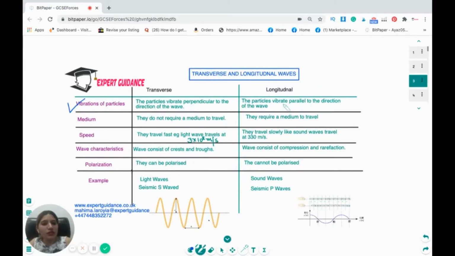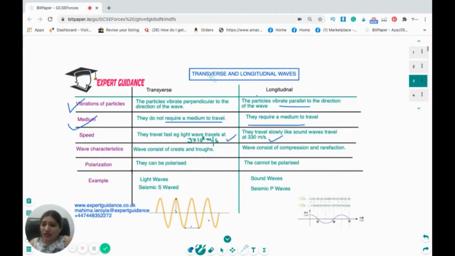And in longitudinal waves, the particles travel parallel to the direction of the wave. As per the medium, transverse waves do not require a medium to travel, but longitudinal waves require a medium to travel. The transverse wave travels with the speed of light, 3 times 10 to the power 8 meters per second, whereas longitudinal waves travel slowly, like sound waves. Sound waves have a speed of 330 meters per second.